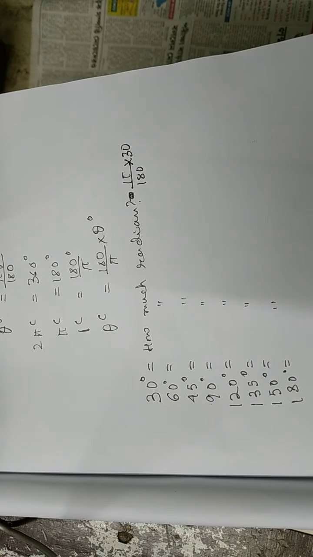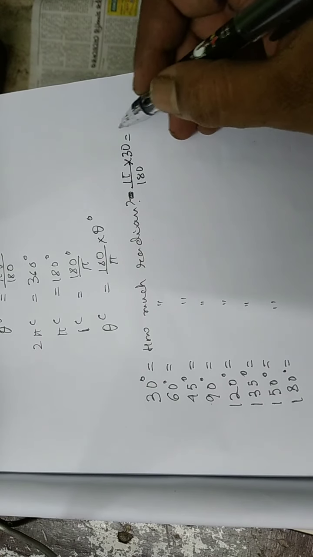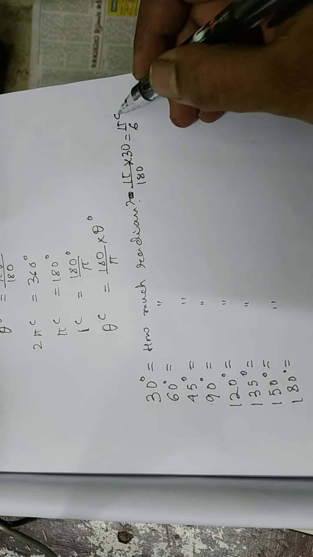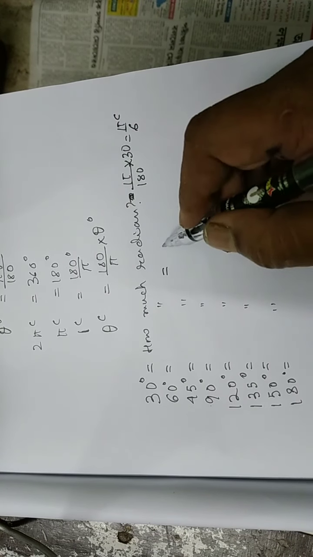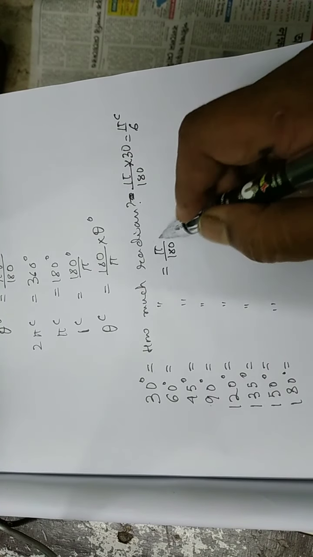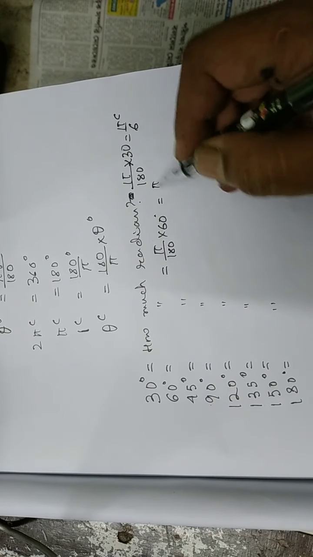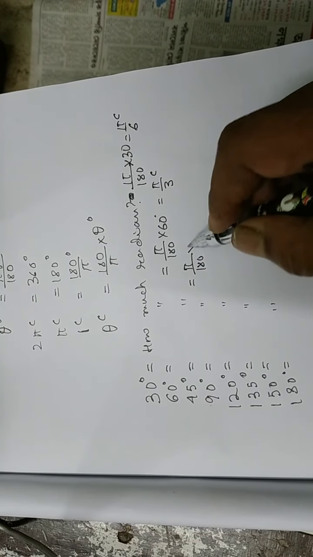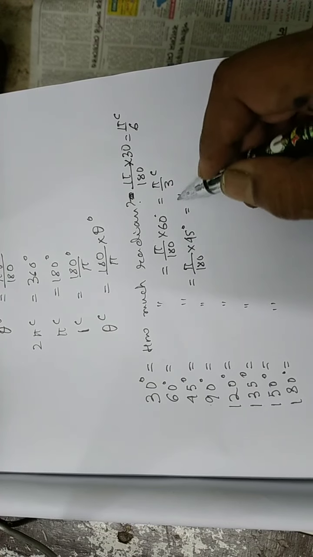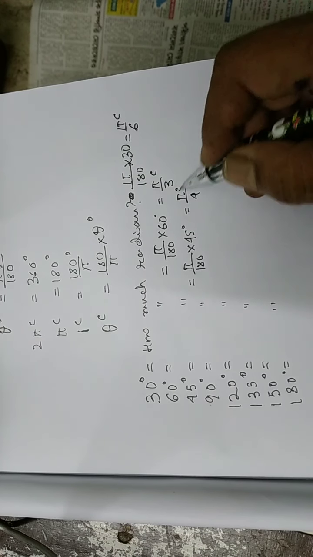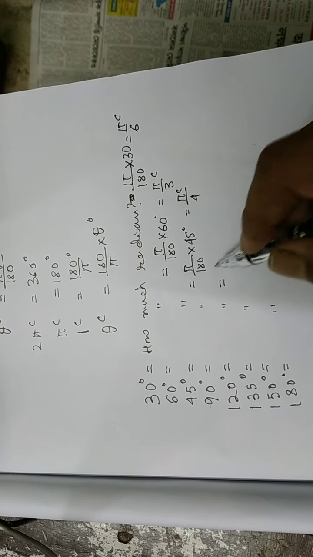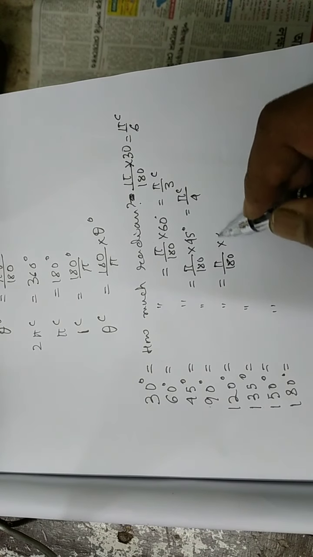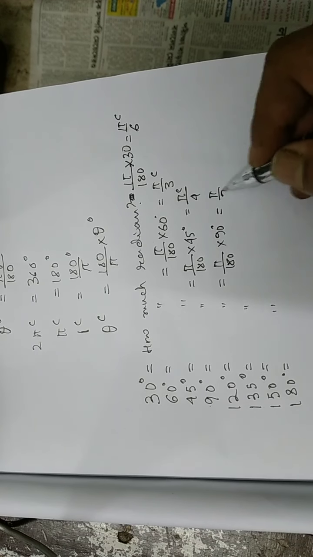So 30 degree is pi by 6 radian. 60 degree is pi by 180 into 60, pi by 3 radian. 45 degree is pi by 180 into 45, that is pi by 4 radian. 90 degree equals pi by 180 into 90 equals pi by 2 radian.